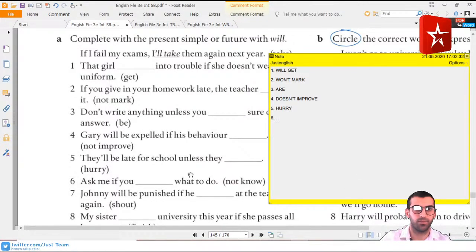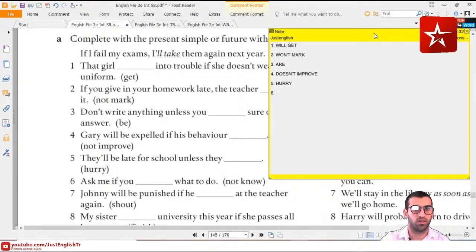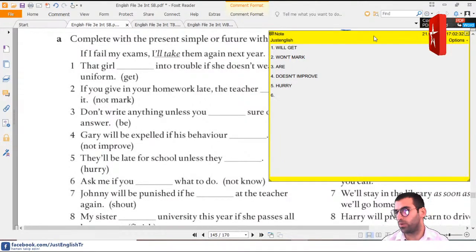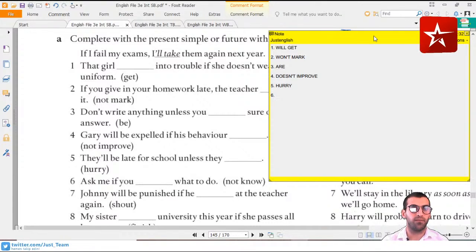Super, fantastic. And number 6, ask me if you blah blah blah what to do. This is an imperative sentence. So if it is imperative, ask me what? Ask me if you know or if you don't know.